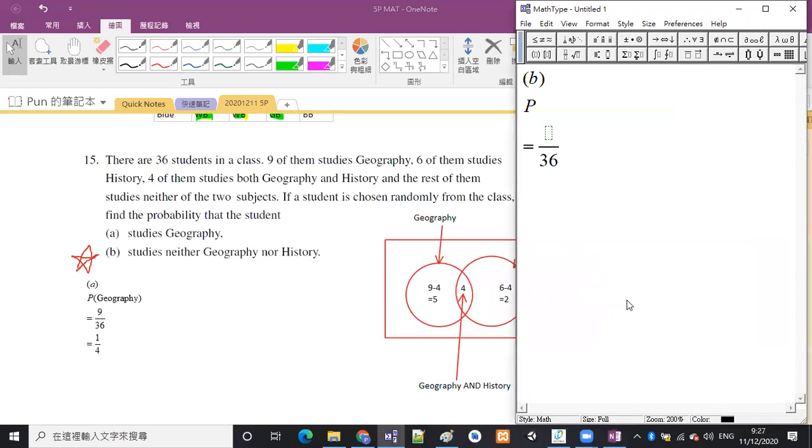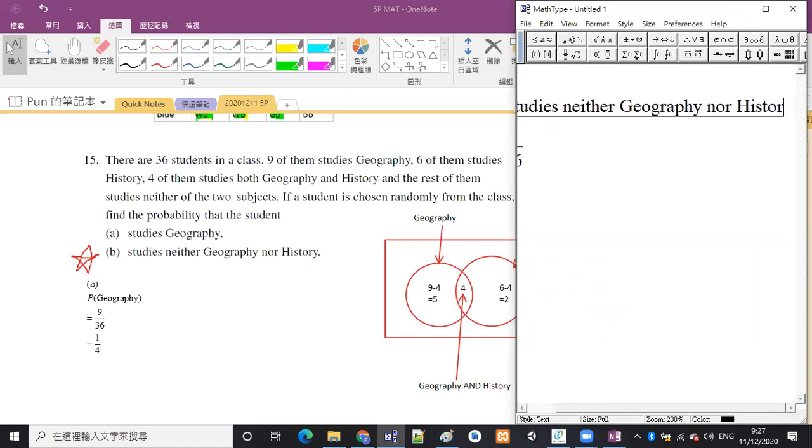So the probability that a student studies neither geography nor history will be 25 over 36. And 25 is calculated by 36 minus 5 minus 4 minus 2.